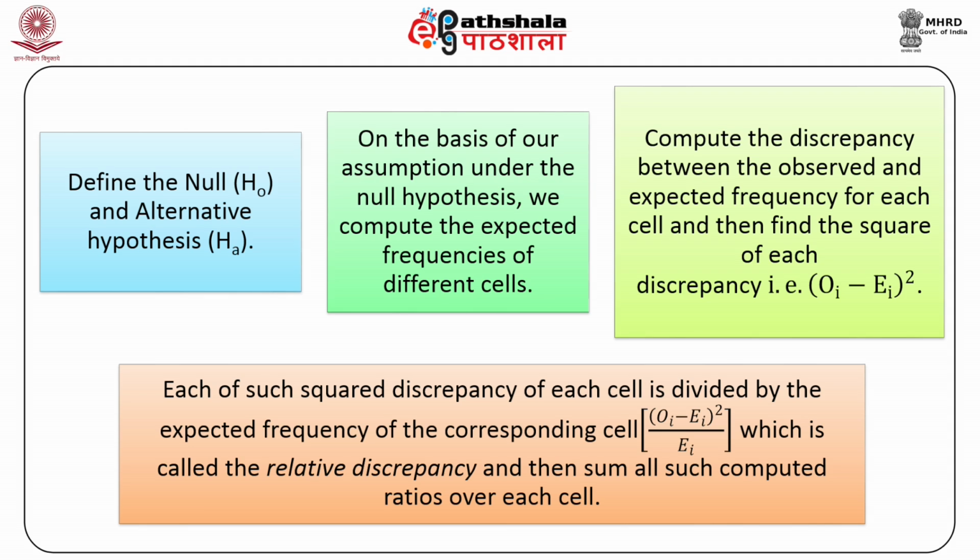Then our third step is to compute the discrepancy between the observed and expected frequency for each cell, and then find the square of each discrepancy, which means find the square of OI minus EI.